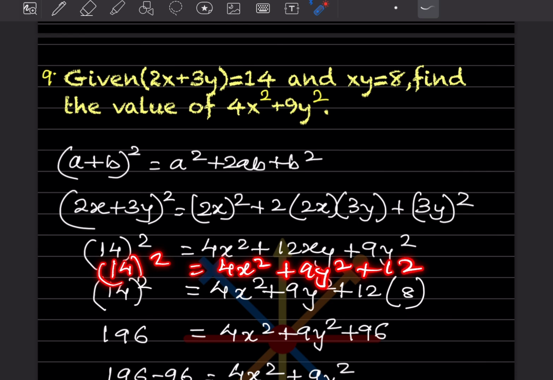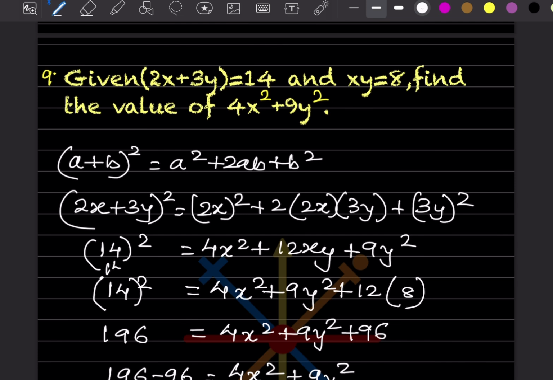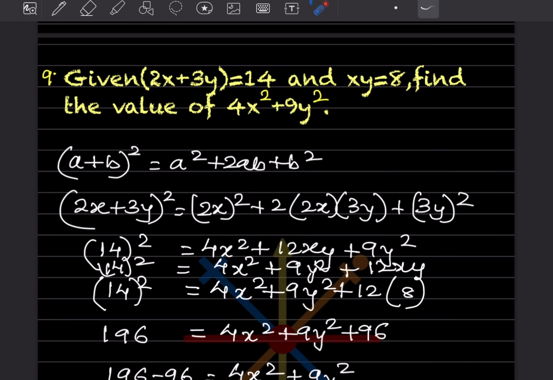I have rearranged it: 14 square is equal to 4x square plus 9y square plus 12xy. Then we'll put the values. xy is given as 8, so in place of xy we'll write 8. The rest is the same.